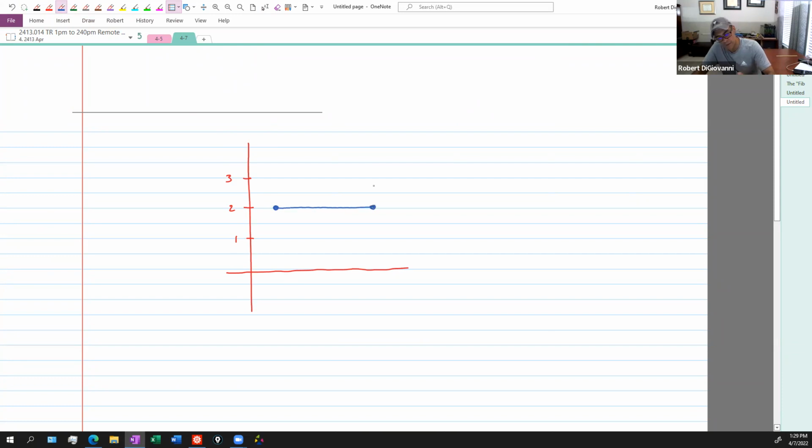Here's the right endpoint. That's the function f. I want you to think about global max, global min, local max, local min. This is weird, right? This is like an extreme case.